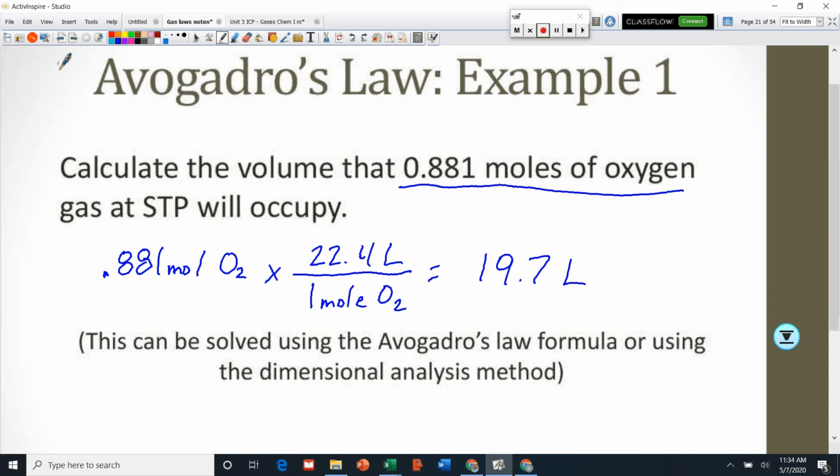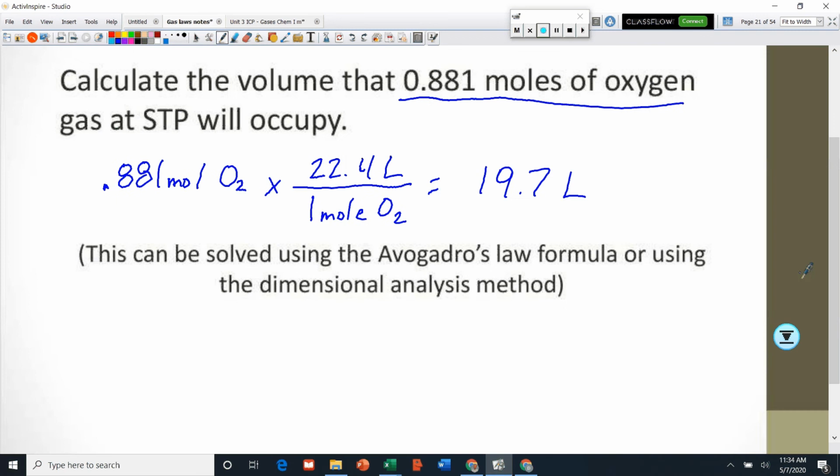All right. So we can do this using dimensional analysis and all of that. We could also do it using the Avogadro's formula and say it like this.